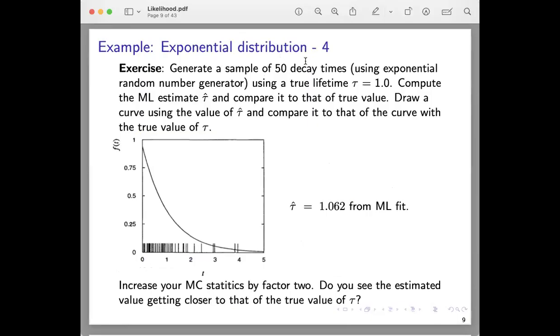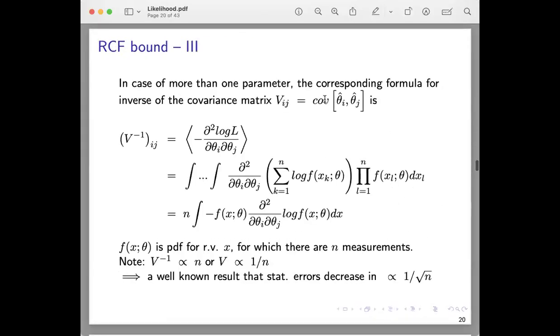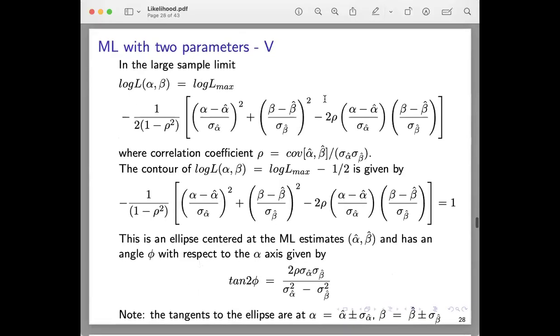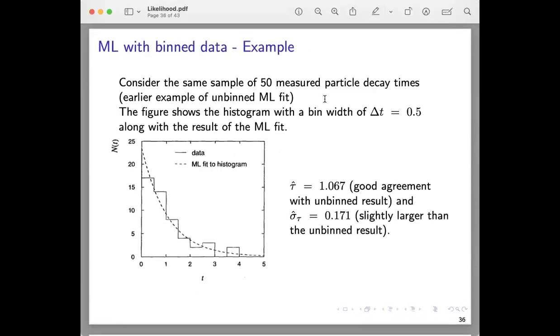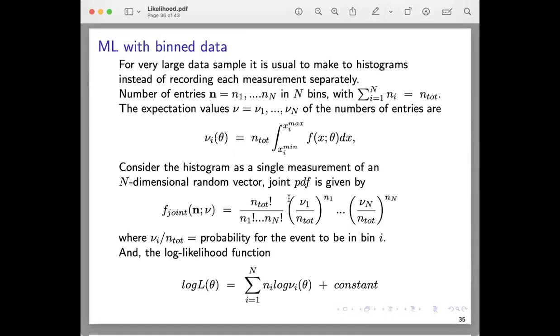We generated 50 decay times and did the unbinned likelihood fit to these 50 events. Now we do the same thing here, but with binning. So you do the binning first, then draw the histogram, and then fit to the histogram itself using this log likelihood function.